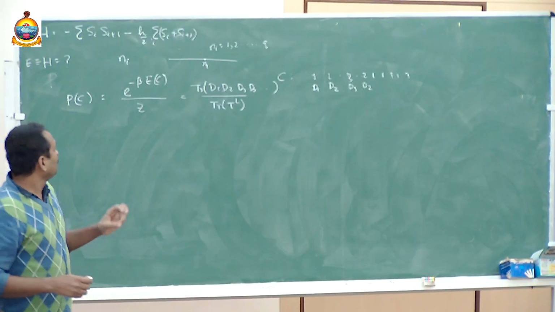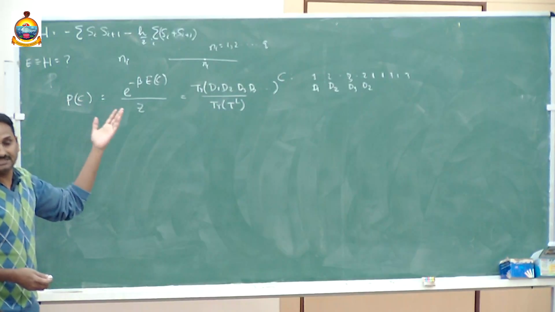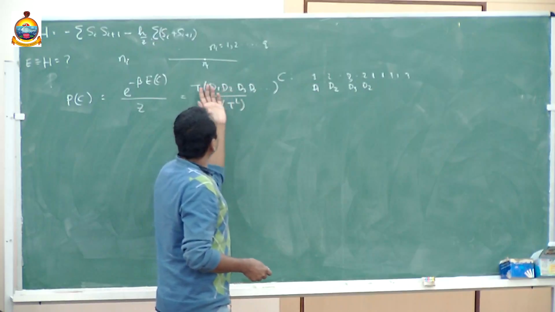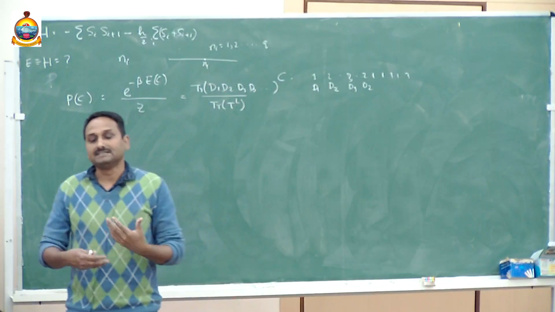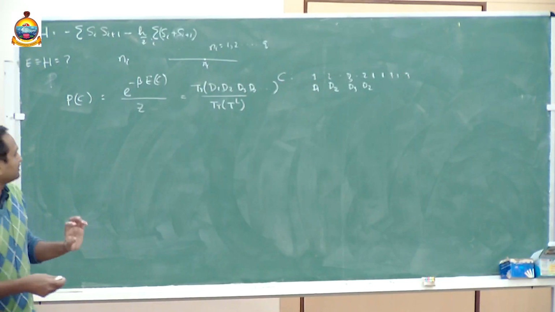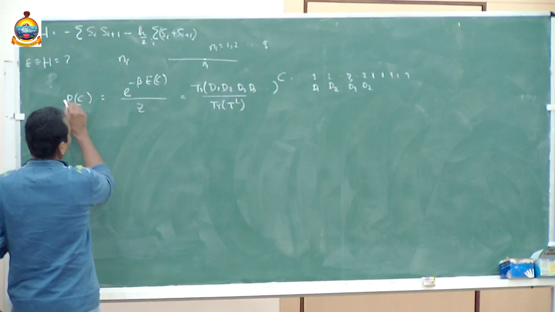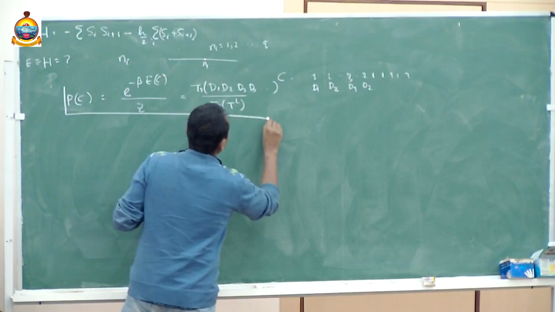So what these matrices D will be depends on what the Hamiltonian is. And D1, D2, all these matrices, if there are Q types, there are Q different types of Ds, each one corresponding to one site variable, and this is the first equation. So P of C, this is the equation which we want.